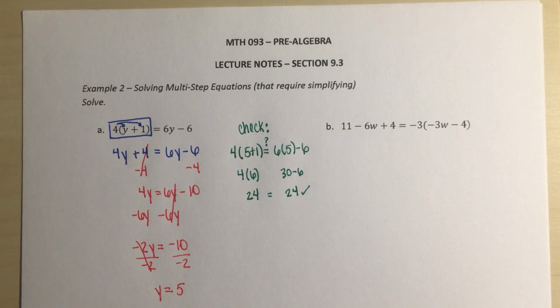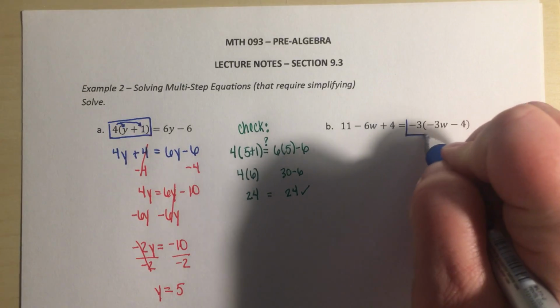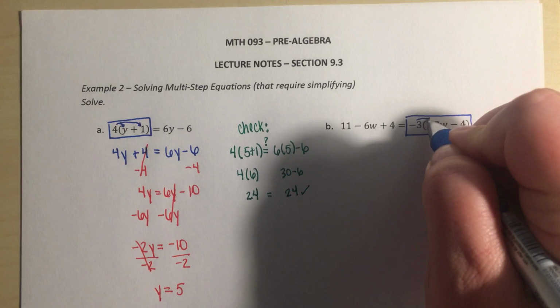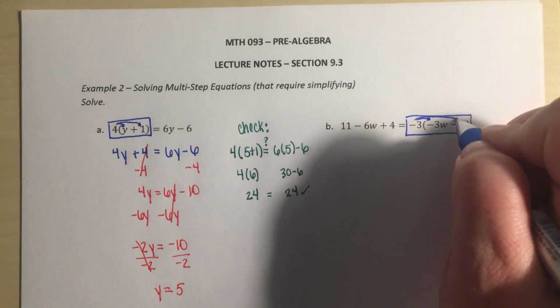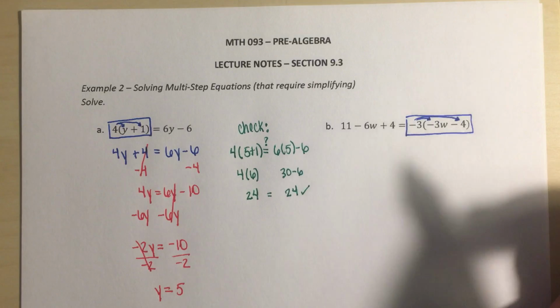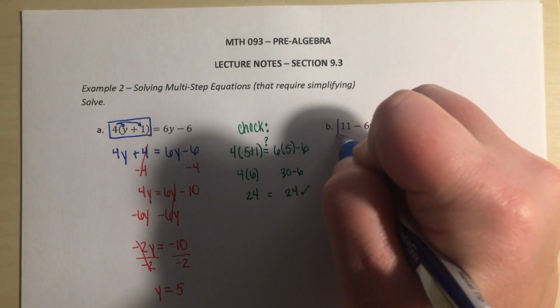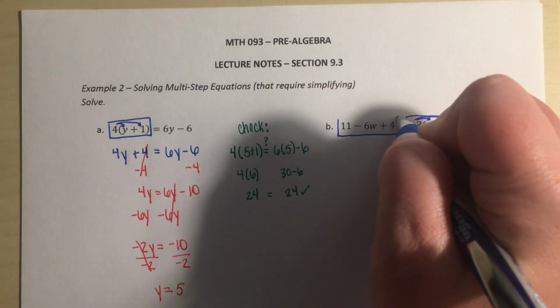For B, we do see a distributive property over here on the right that we're going to have to deal with. So we're going to want to distribute that 3 to everything in here. As we're distributing that 3, notice that there is a negative sign out front, so we are going to be distributing that negative sign as well. And then also notice on the left we have 3 terms.